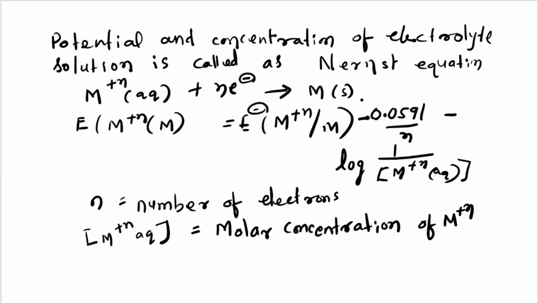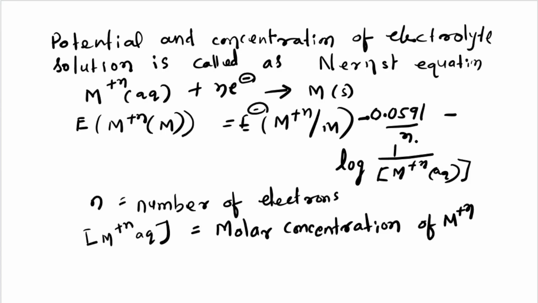So what is the equation? This is the reaction, and n is the number of electrons, very important. So E of M plus n by M, this is the electrode potential value, equals E0, the standard potential of M plus n by M, minus 0.0591 by n, when you divide out all the constants.